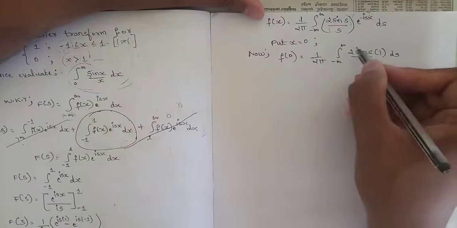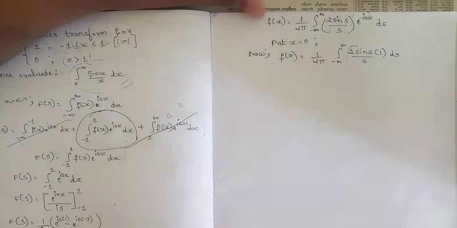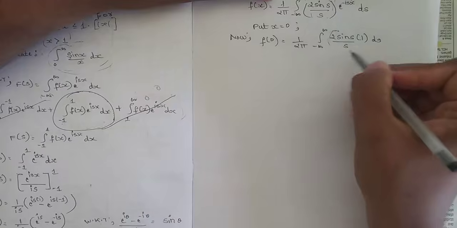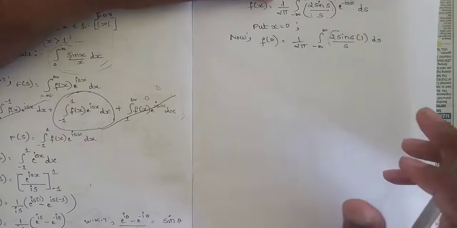So now this function we have got, 2 sin s by s. We need to verify whether it is an even function. In these types of problems we need to first verify whatever we have got here, whether it is an even function or not.